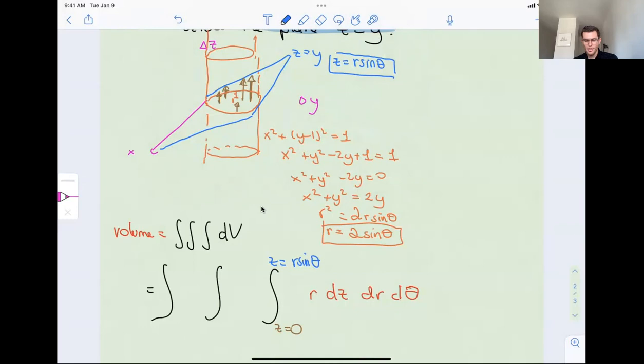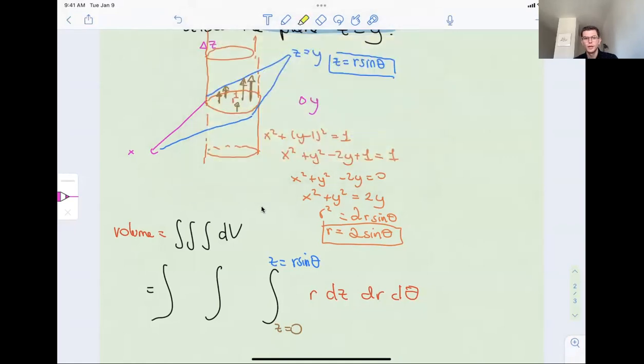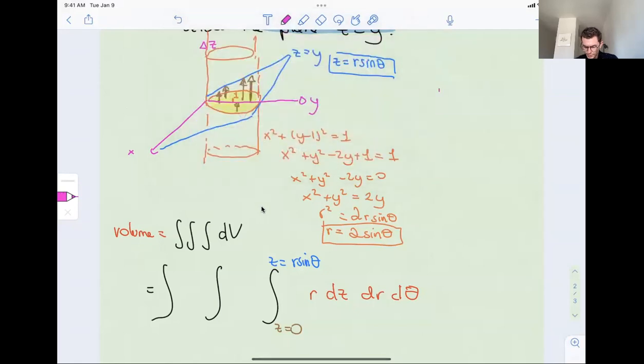Okay. And then how are the bounds for r and theta determined? Again, you have to look at the shadow that this region makes on the xy plane. But what is the shadow in this case? It's just this, right? So let's try to draw this separately.